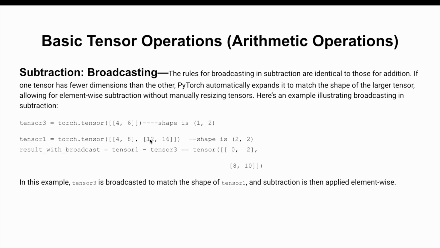But the way I'm doing it, the result of the broadcast is actually tensor 1 minus tensor 3. So we are doing it the other way around. Instead of being negative, it's going to be positive because we are doing it from tensor 1. So it's like we are taking 12 minus 4, which is 8.